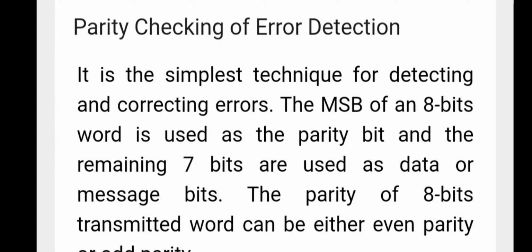The MSB, the most significant bit, of an 8 bit word is used as a parity bit, and the remaining 7 bits are used as data. The most significant bit is the leftmost bit.